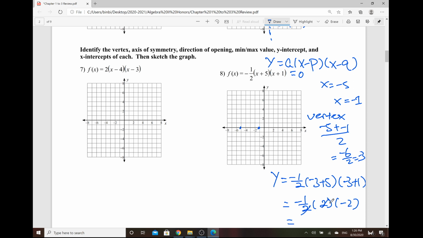Cross cancel, so we have negative 1 times negative 2, which is 4. So for the y value, it's 4. The vertex is negative 3, comma, 4. So negative 3, up 4 right here. That means the parabola is going to be upside down, because the value of a is negative. Once you get those points, all you need to do is connect the dots. And that's the parabola.